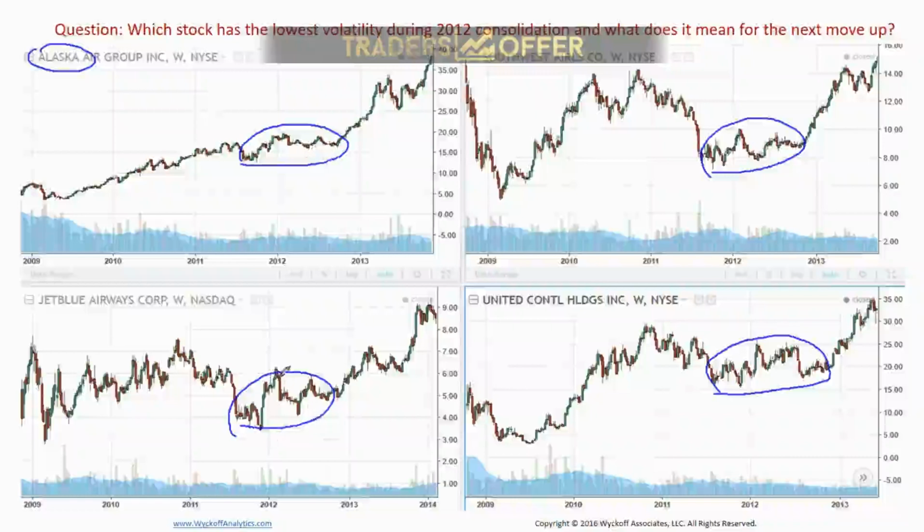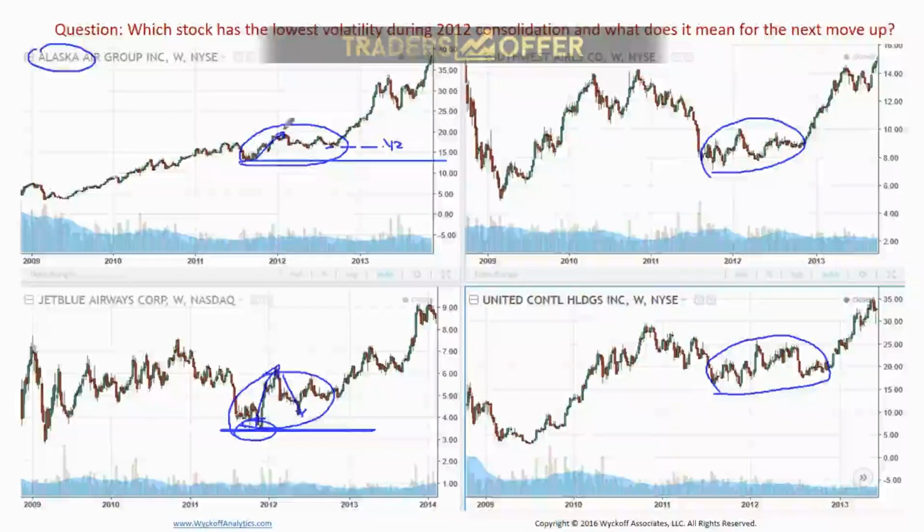Does it move, let's say, a rally and then the reaction that almost comes to the point of the low of the previous low where the rally has started? And in case of the Alaska, we're seeing that it actually rests maybe on 1/2 of the range that it creates with this rally. So there is definitely much more volatility, let's say, in JetBlue than in Alaska.